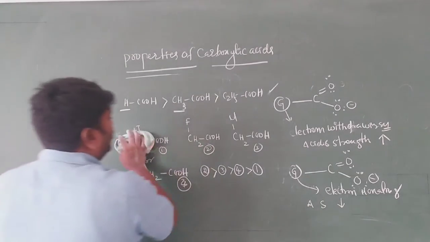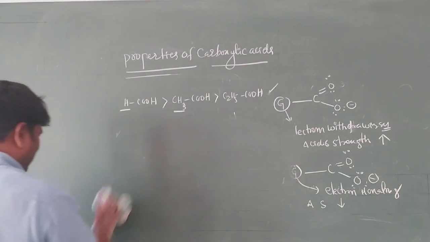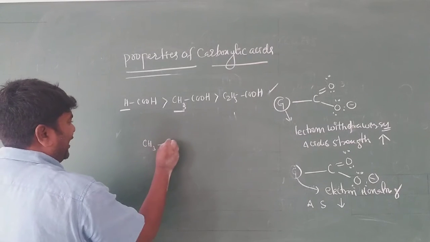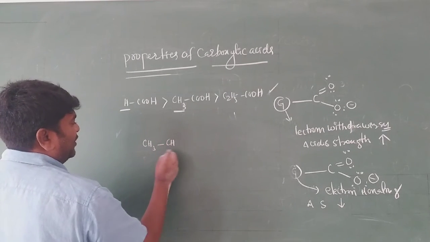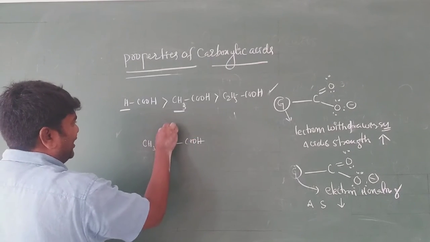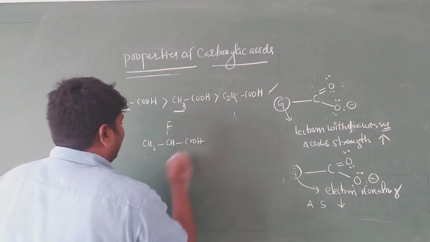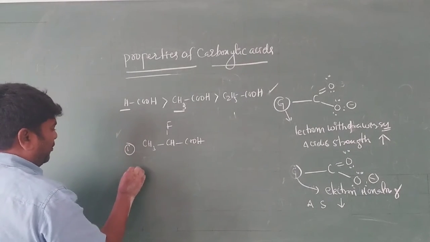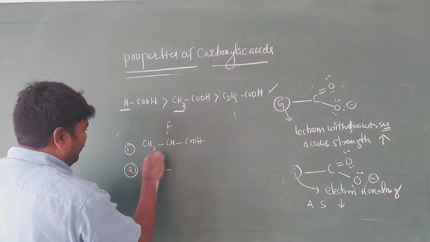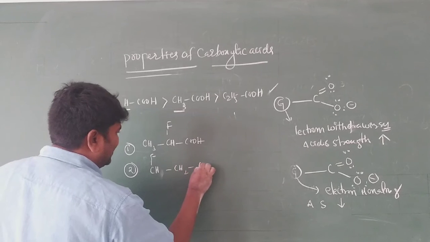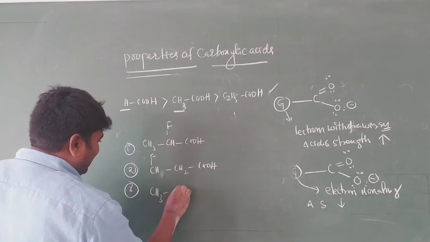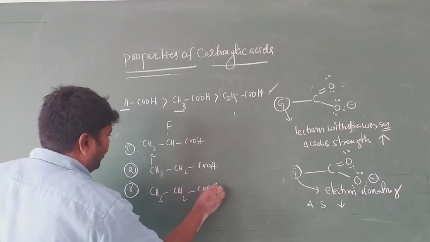Next one, you have to see there. Suppose, see here, CH3COOH, and the first compound is F-CH2-CH2-COOH, and the second compound is CH3-CHF-COOH, and the third compound is CH3-CH2-COOH.